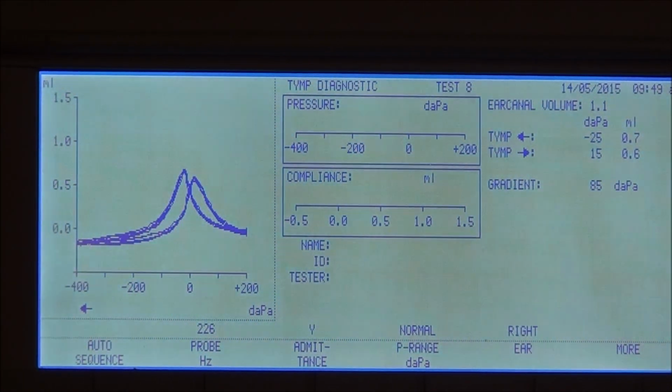So we call this a single component tympanogram, because we are measuring only one component, and that component is stiffness susceptance. Is that understood? If you measure more than one component, that is susceptance and conductance, then you call that multi-component.